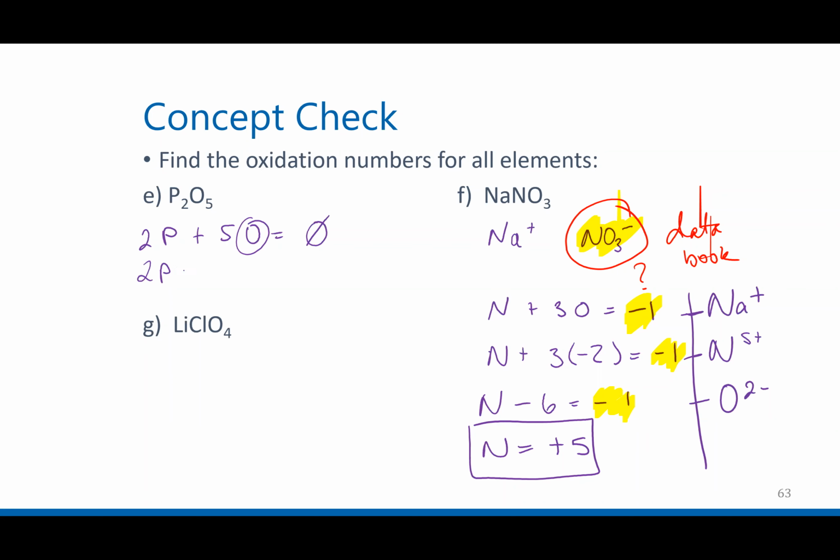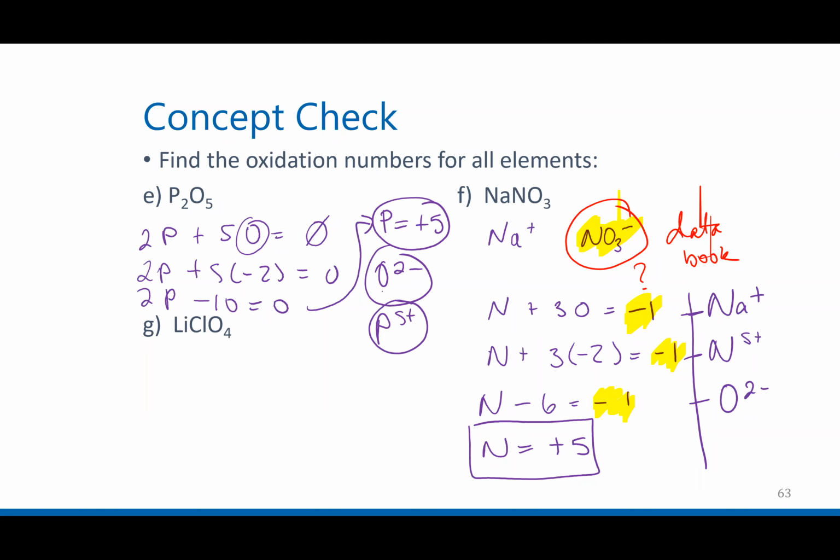So 2 phosphoruses plus 5 times -2 equals 0. 2 phosphoruses minus 10 equals 0. I'm out of room here, but you can trust me that this will be positive 5, and oxygen will be -2. So the charge would be 5 plus and 2 minus.